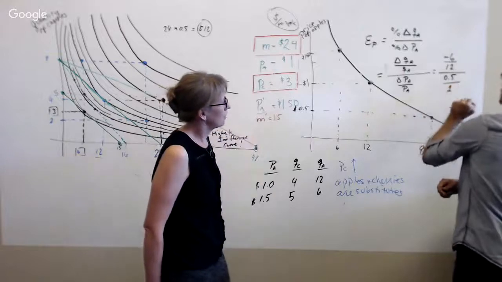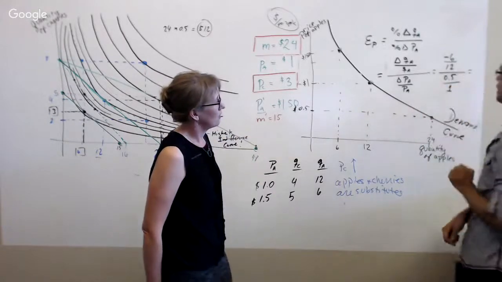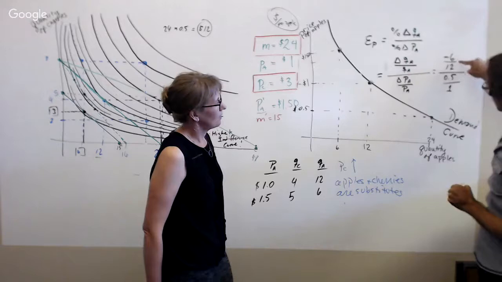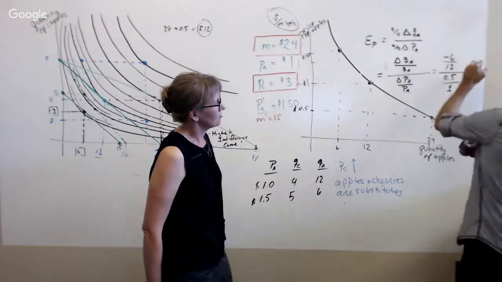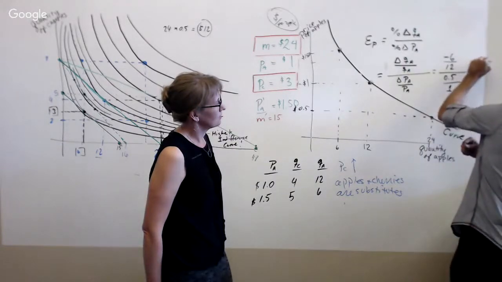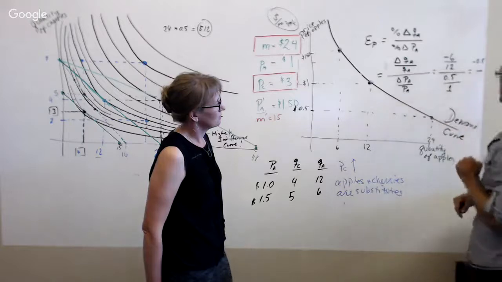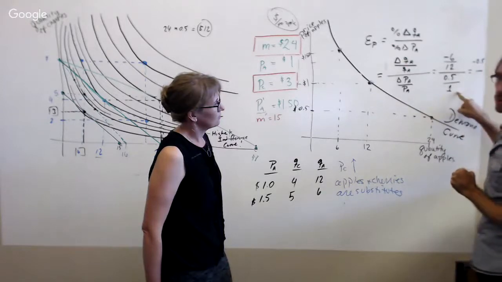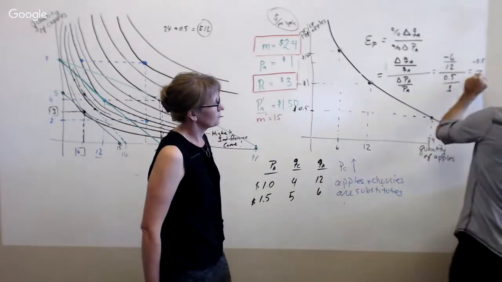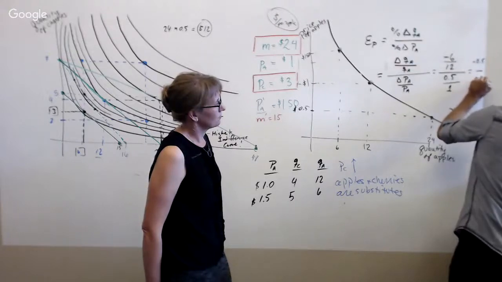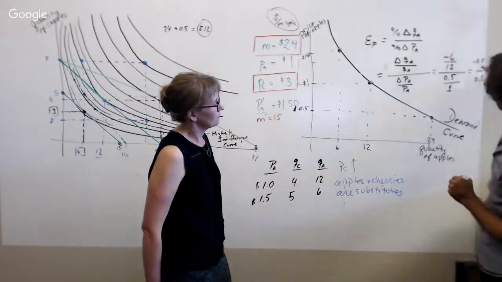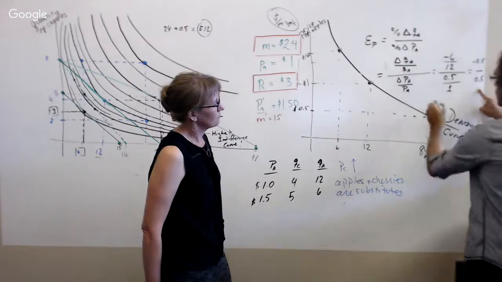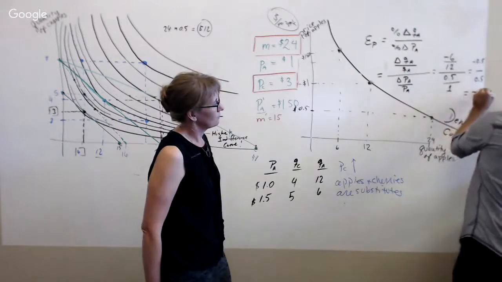So this is going to be very, very clean. So -6 over 12 is -0.5. And 0.5 over 1 is just 0.5. And so we see that -0.5 divided by 0.5 is -1.